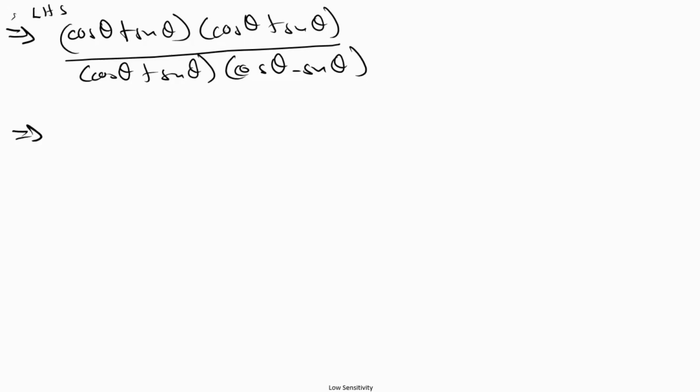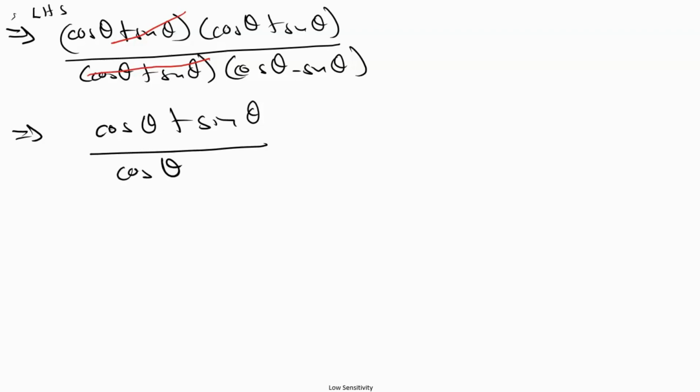Here we can already see that this cosine theta plus sine theta on top can cancel with one of these. So what we're left with is cosine theta plus sine theta over cosine theta minus sine theta.